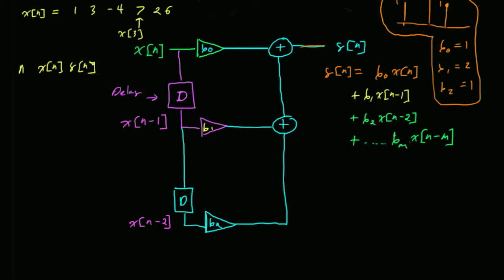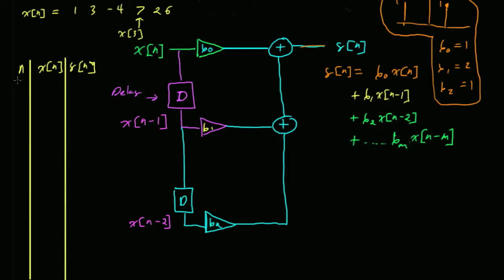Okay, so I'm actually just going to write the numbers in here. So what goes here? X of 0, right? And what is x of 0? 1. What's this? Okay, so now these multipliers are always going to be the same, right? They're not going to change. So this is going to be times 1, times 2, times 1.